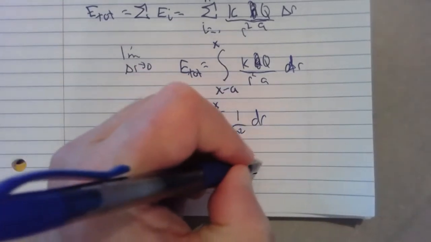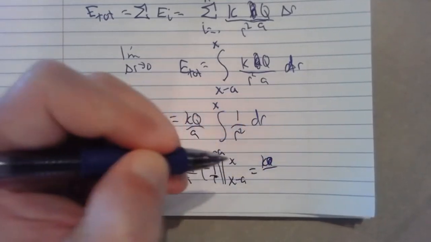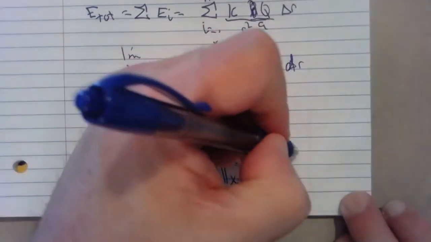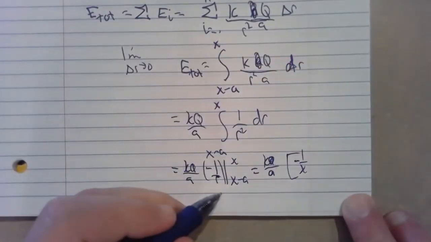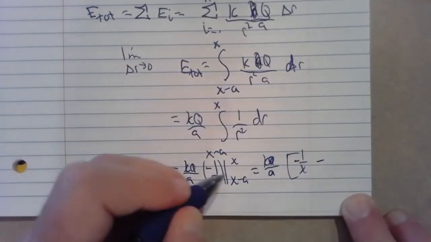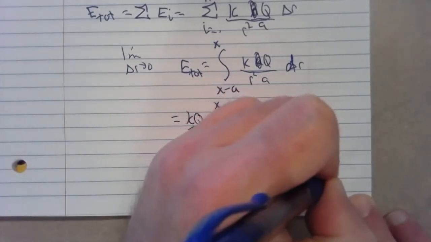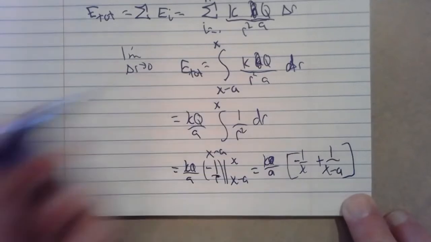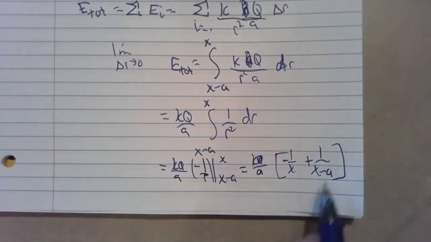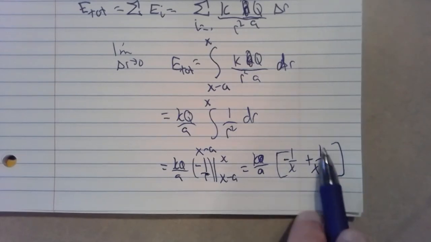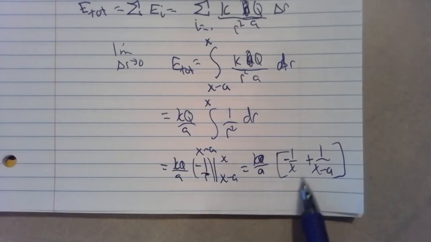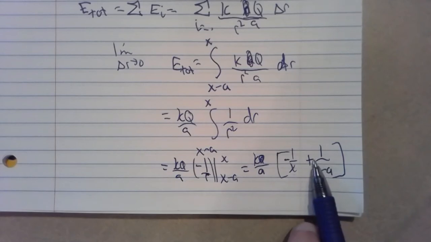So this would be kq over a, top minus bottom, negative 1 over x, minus negative, so plus 1 over x minus a. This number is smaller, making this fraction bigger, so this is actually a positive number.